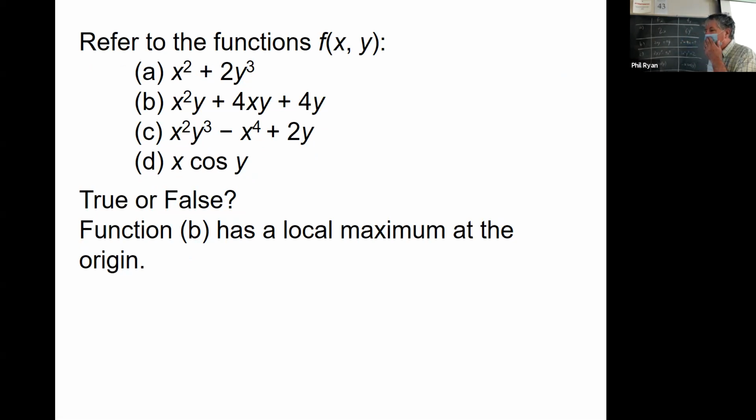Function B has a local maximum at the origin, true or false? How can it have a local maximum if it's not a critical point? That's false straight away.